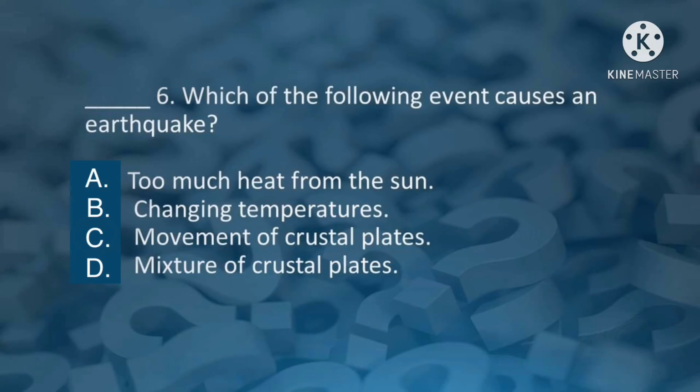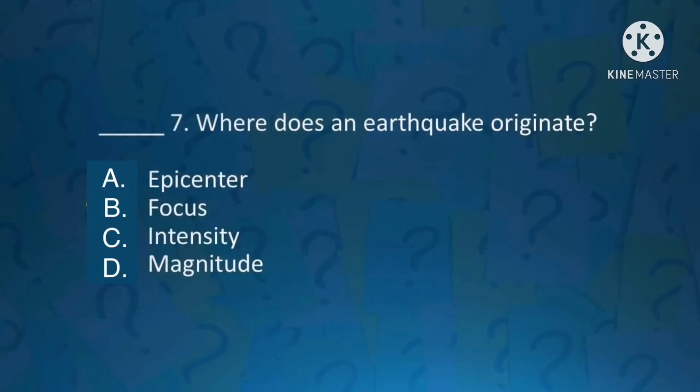For number 6, which of the following events causes an earthquake? Alright, the answer is letter C, movement of crustal plates. How about number 7? Where does an earthquake originate? Yes, that is letter B. It is focus.